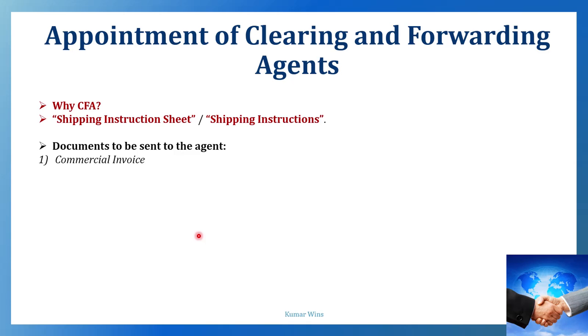And along with this shipping instruction sheet, there are some other documents which have to be sent to the agent. These are the commercial invoice, then you have the customs declaration form. It has to be submitted in triplicate. Generally, when we send the commercial invoice to the CFA, we send 8 to 10 copies.